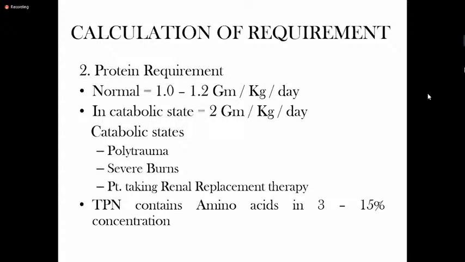Total parenteral nutrition contains amino acid in 3 to 15%. So when we are calculating the protein needs, we must know what we have in the solution. We relate the protein requirement to the amino acid concentration in our preparations.